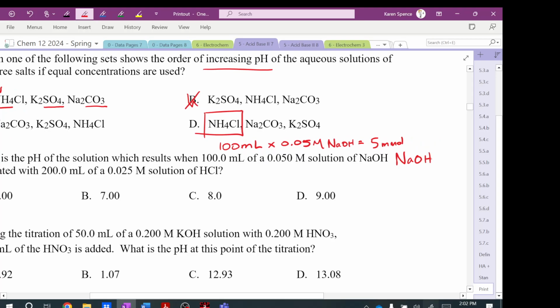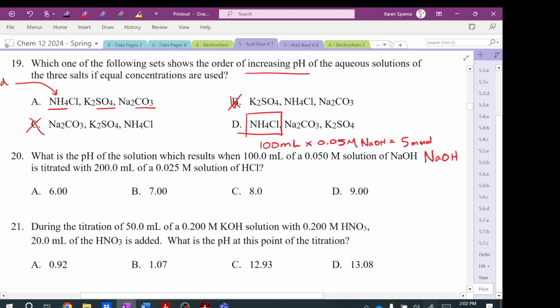I'm going to show you how to do this faster in just a moment, okay? And then you can say, I have 200 milliliters of 0.025 molar HCl. So 200 times 0.025 is 5 millimoles of HCl.